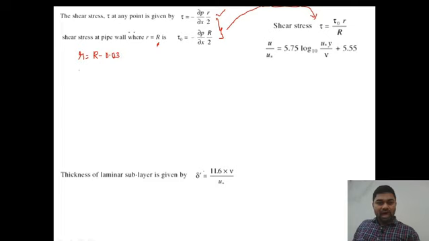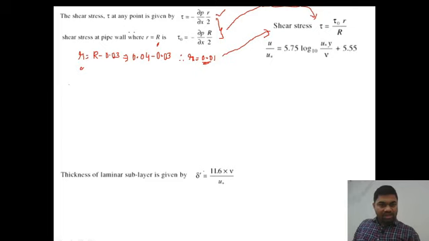So, what is our radius? 0.04 is our radius minus 0.03. Therefore, small r becomes 0.01. Substitute this value of tau naught and small r in the above equation.